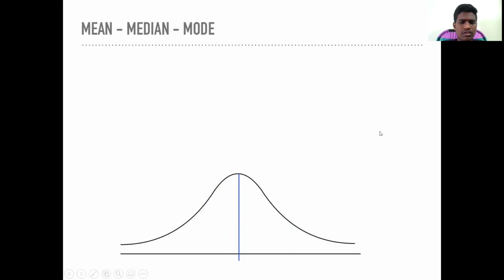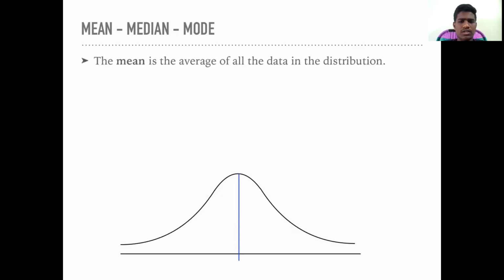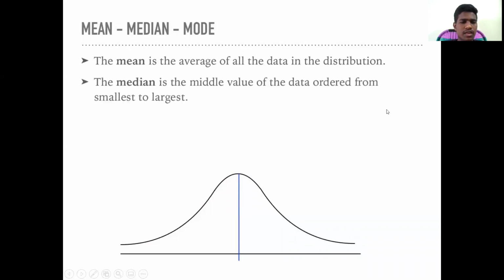In this normal curve, we will discuss three terms: mean, median, and mode. The mean is the average of all the data in the distribution. The median is the middle value of the data ordered from smallest to largest.